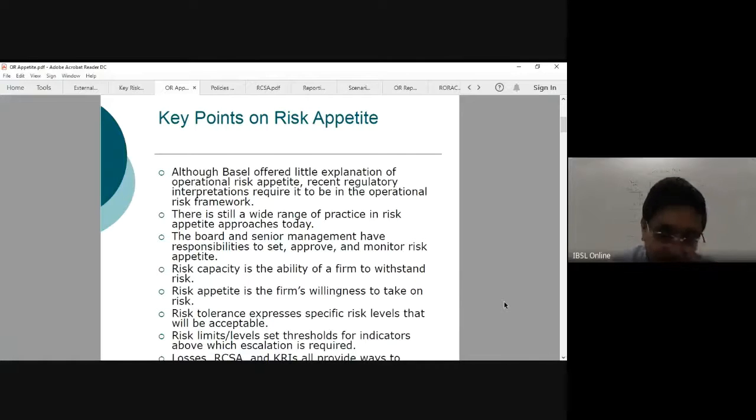Set means the level of risk appetite is a matter to be decided by the board of directors, because the board of directors are the owners of the organization and they need to articulate what is the level of risk they like to take. That is what you mean by appetite.